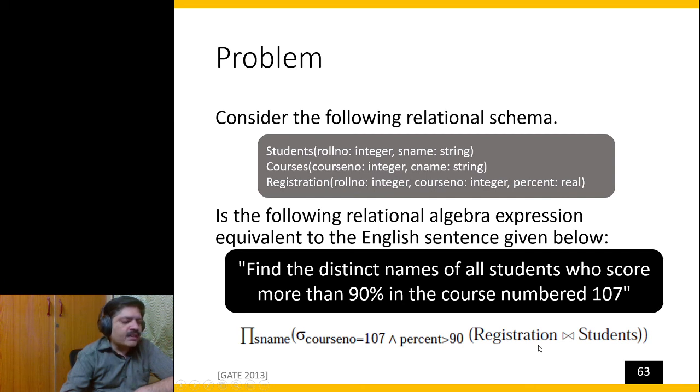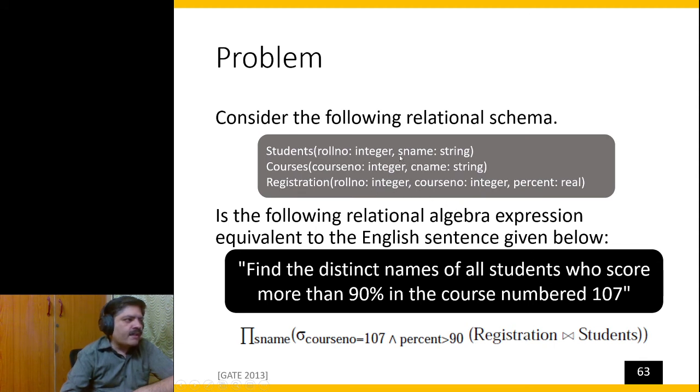So what I have done is a natural join between registration and students. If you do a natural join between registration and students, of course the common column is the roll number column. So it gets joined based on roll number.